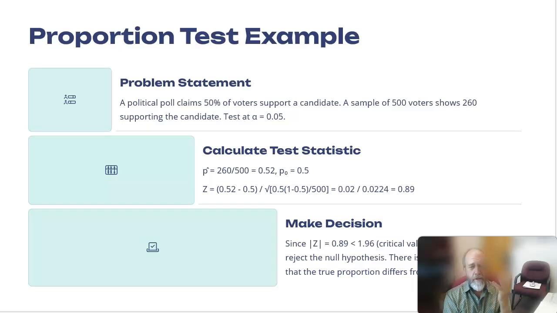That might be expected because our sample was 52, and you say, well, it came out 52, it's pretty darn close. But you've got to prove it. So in this case, there's insufficient evidence that the true proportion differs from 50%. The 52 was so, oh, wait.